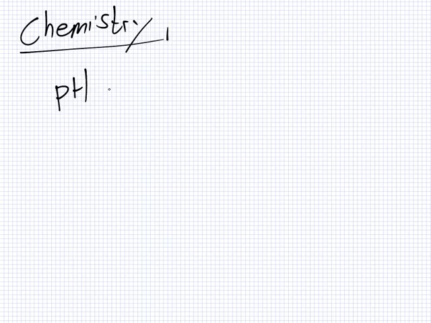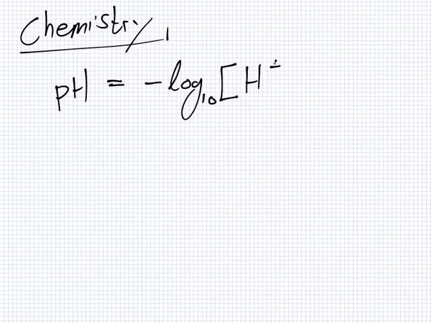So as a formula in chemistry, the pH level of a substance is defined as minus log base 10 of the concentration of H plus. And you would have done concentration, of course, in chemistry. What's the unit for concentration? Moles per liter.